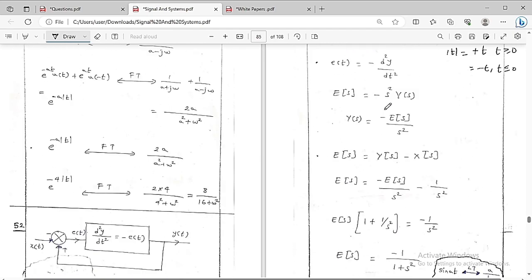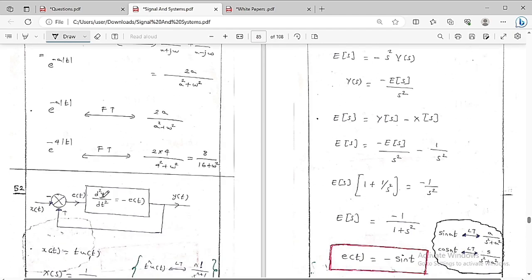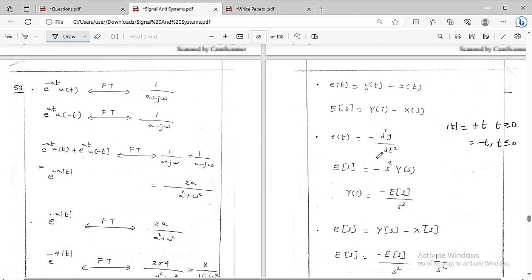Applying the Laplace transform on both sides, e of s is equal to minus s square into y of s. Very easy thing. And what is y of s? Y of s is equal to minus e of s by s square, as you can clearly get from this expression.